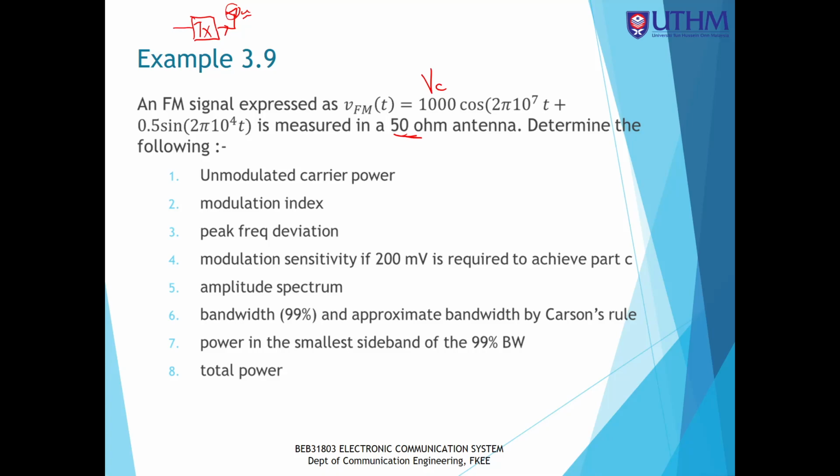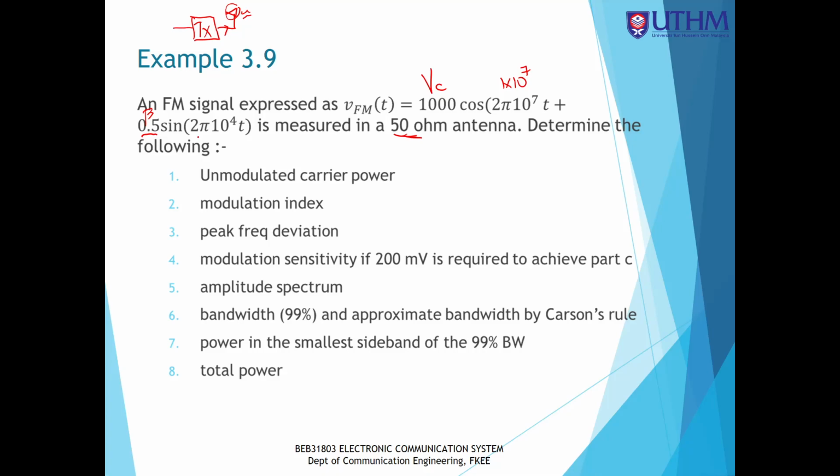So if you divide by 2π, you're going to get 1 × 10^7 for the carrier frequency. You divide by 2π, so you're going to get FC for the carrier. And then you are given 0.5, so this 0.5 is actually referring to the modulation index beta.